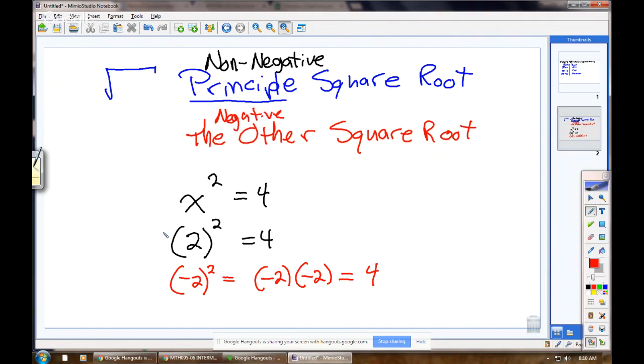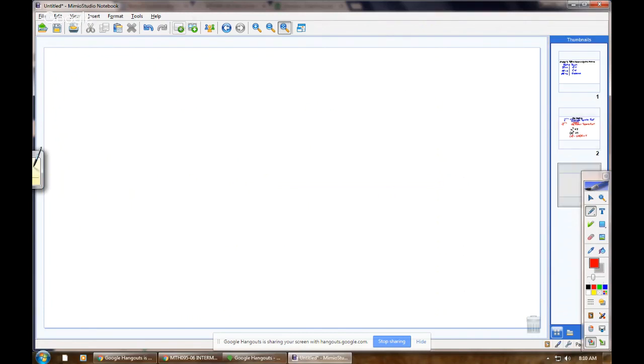You may ask, what's the symbol for that other square root? Well, it's the opposite of the square root. So you've got the principal square root and the opposite of the principal square root. Every number pretty much has 2 square roots. Now, sometimes that gets a little weird, because the square root of 0 is 0.